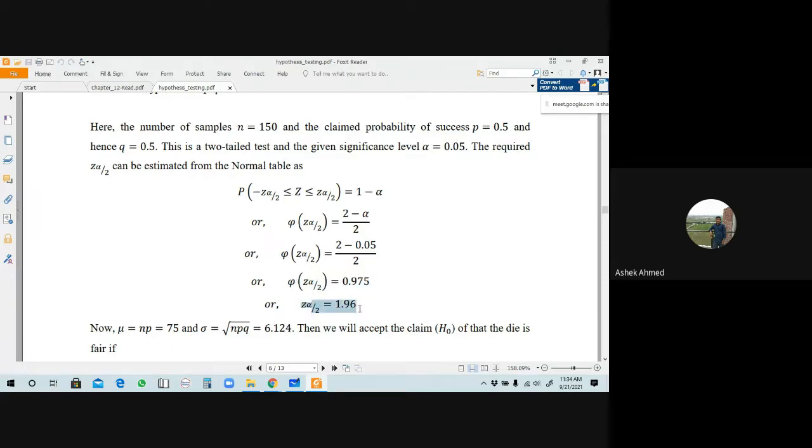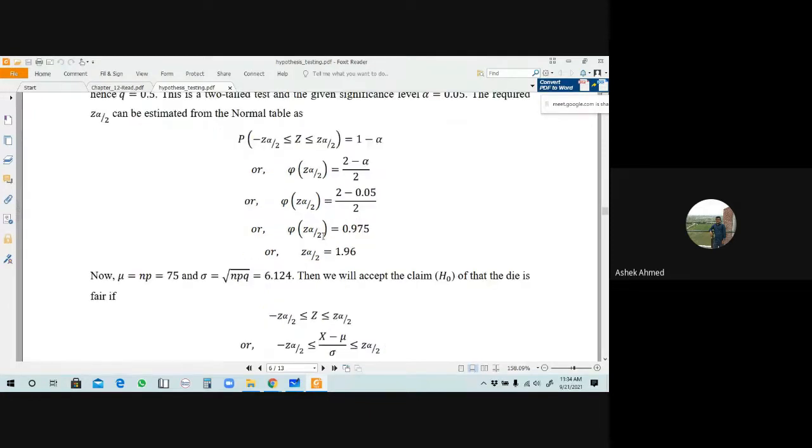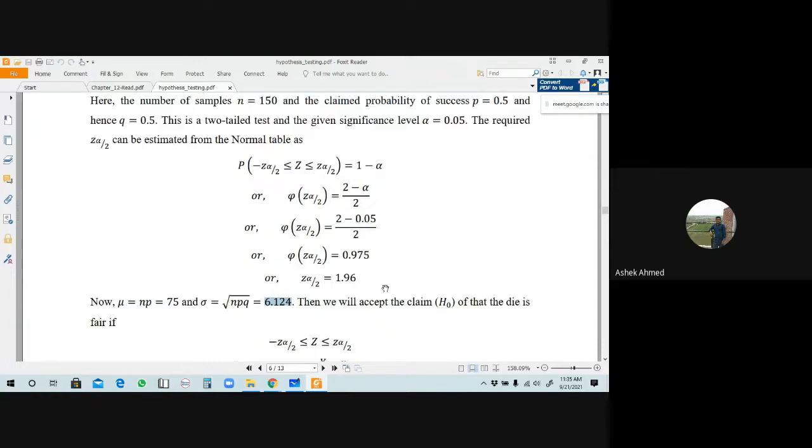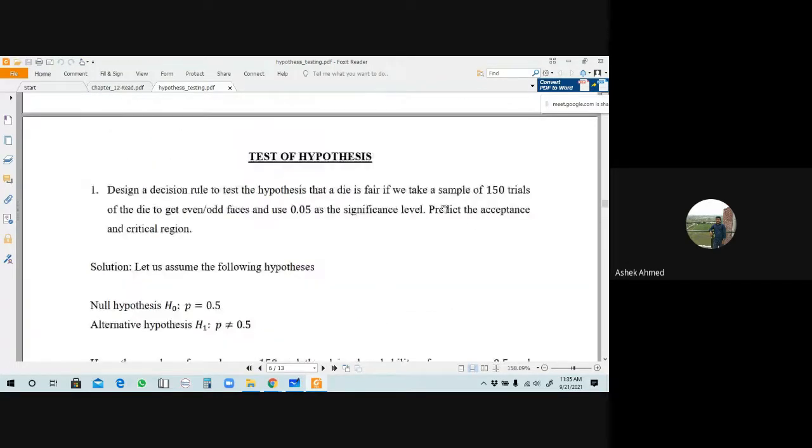Do you remember? Applying this formula we will find the value of z sub alpha by 2. So you must write the full details of this formula. Okay, so from here the value of mu is np, this is 75, and the standard deviation will be here 6.21. Okay, since we have to predict the acceptance and rejection region.